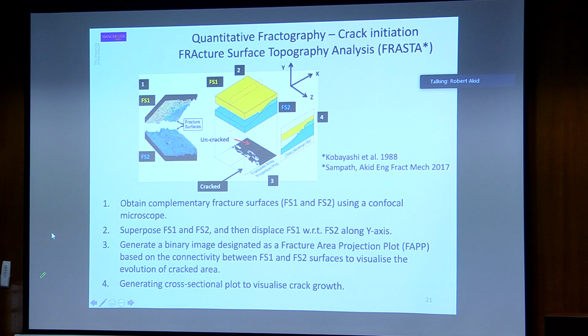Well, what we do is we take our opposing fracture surfaces and we map them with a confocal microscope, and then we use those maps and we superimpose the bottom and the top surfaces. We put them back together, and then where there is a dark image, that's where there is no cracking, and where there's a light image, it's obviously a separation between the two surfaces representing a crack.